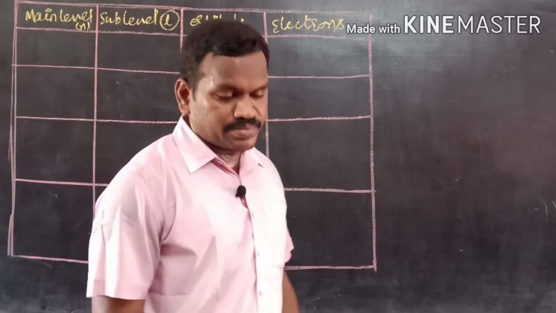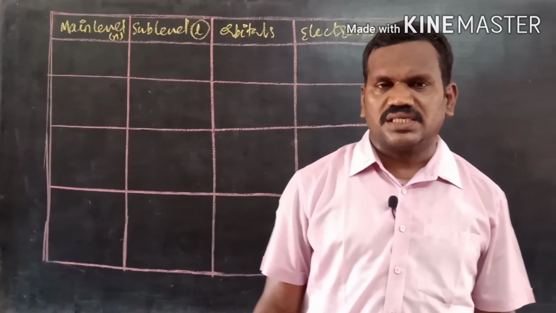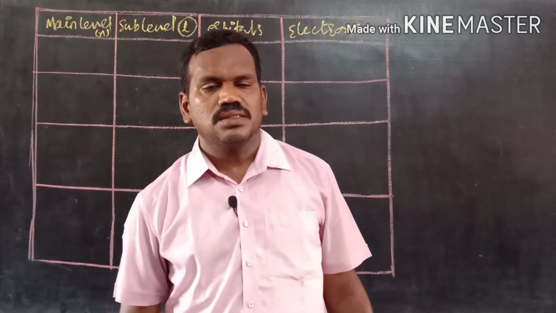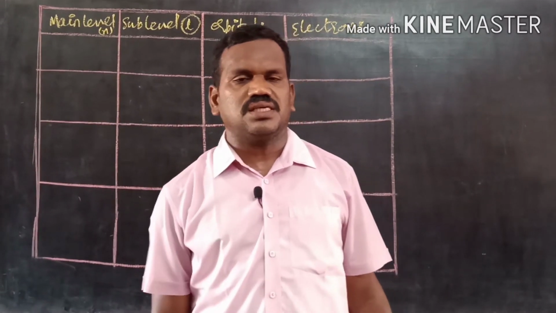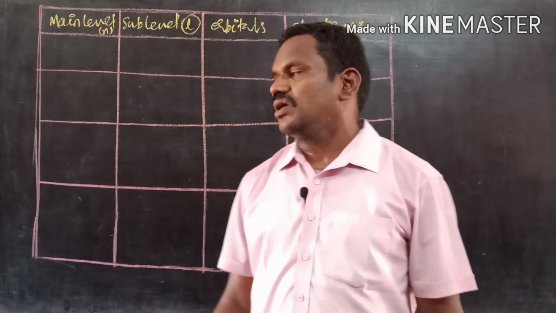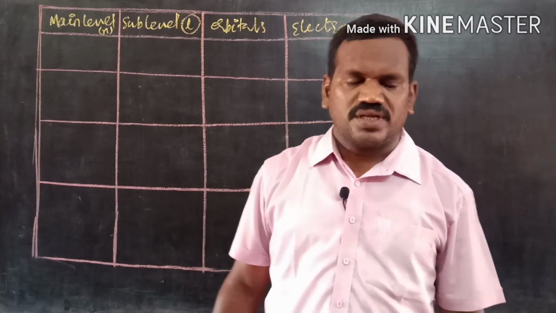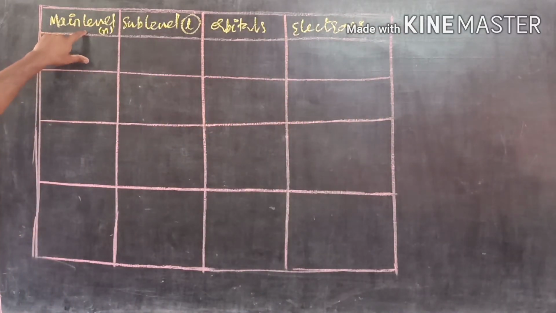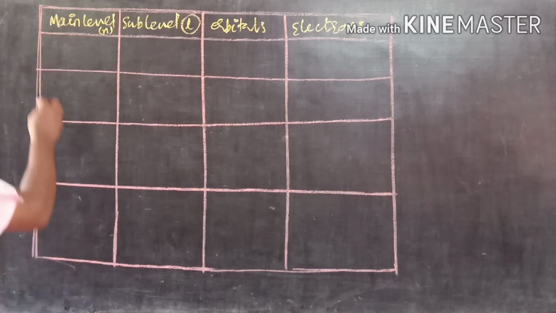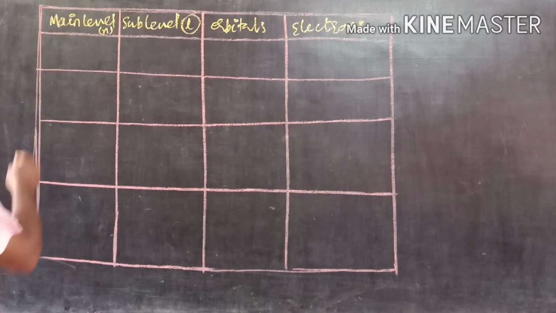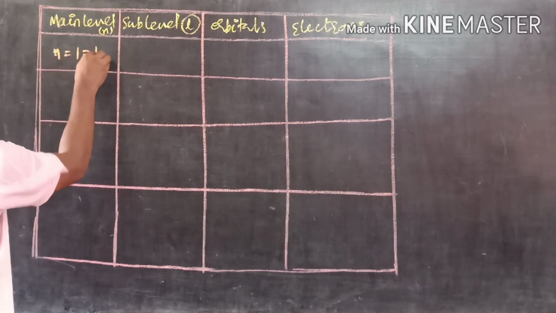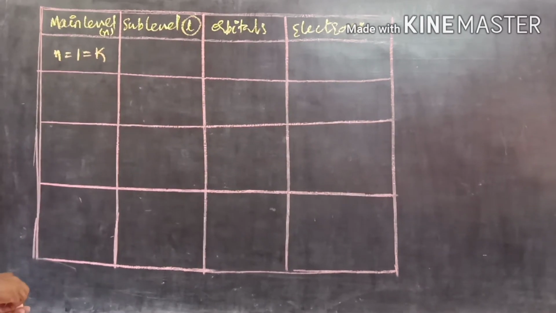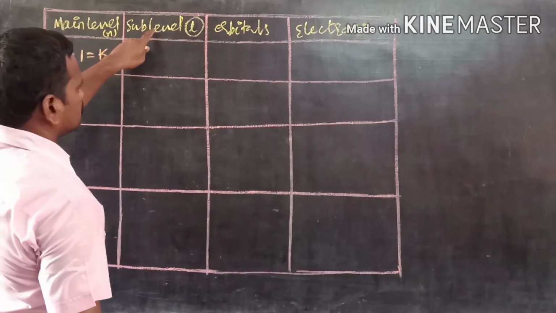Because if you observe either our state textbook or the CBSE textbook, or otherwise the NCERT or ICSE curriculum, we may observe this type of table. So let us discuss that. Here in the first column I wrote main levels. For example, main level n equal to 1 is called a main level. Next, it is divided into sublevels.